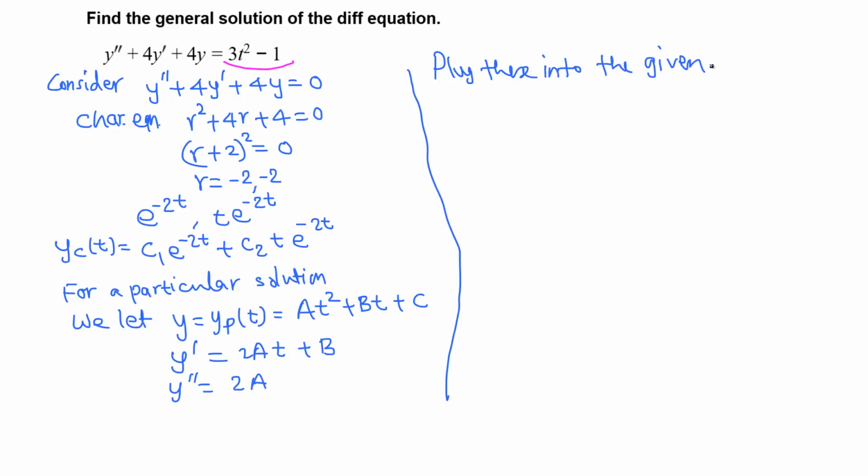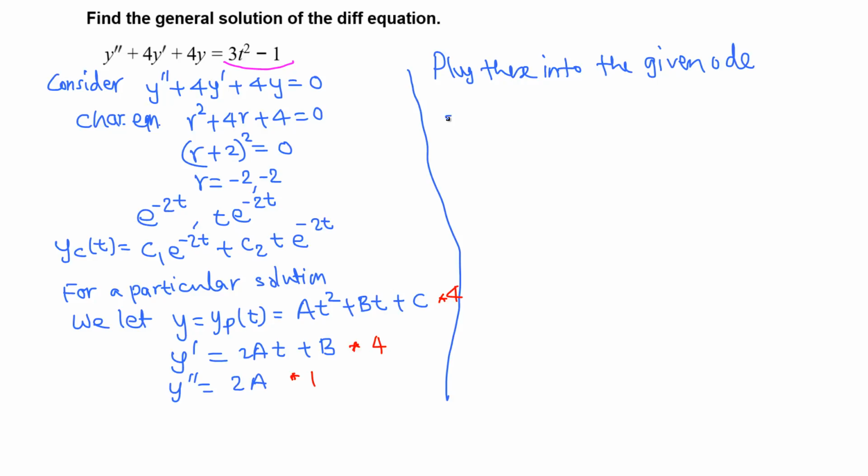So we have y double prime here, that's 2A, plus 4y prime, so y prime we multiply by 4, and 4y we multiply by 4 and combine. That should be equal to 3t squared minus 1.